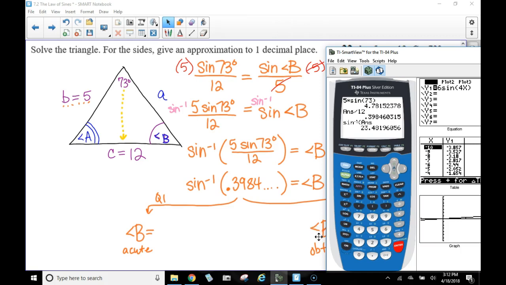Now, to get over here for quadrant 2, I'm going to say 180 minus the 23.5. And that's how we get the angle in quadrant 2 that has a sine value of 0.3984 as well. Okay, so let me jot those down. Then we're going to see if those are going to work out for us or not. Okay, we have 23.5 degrees.